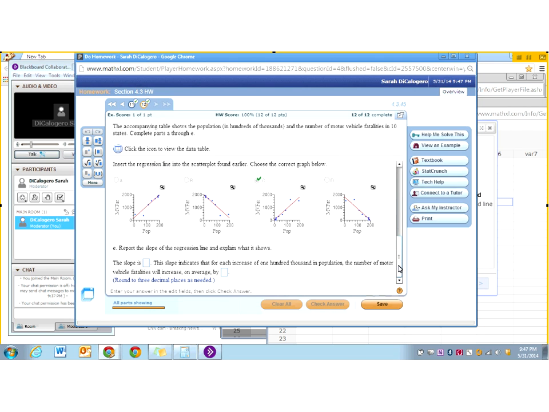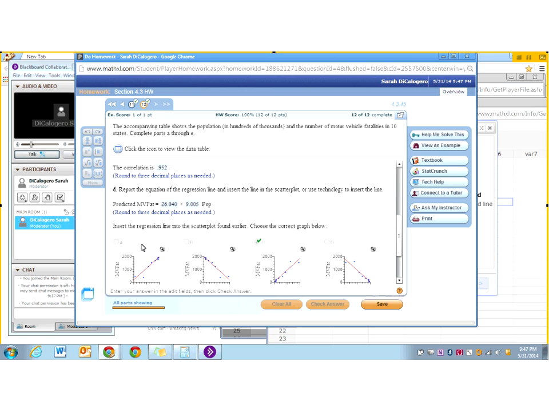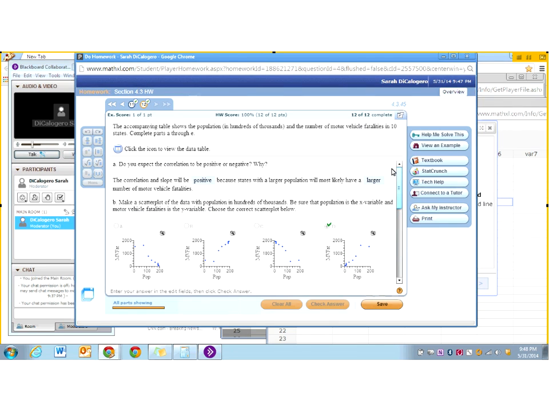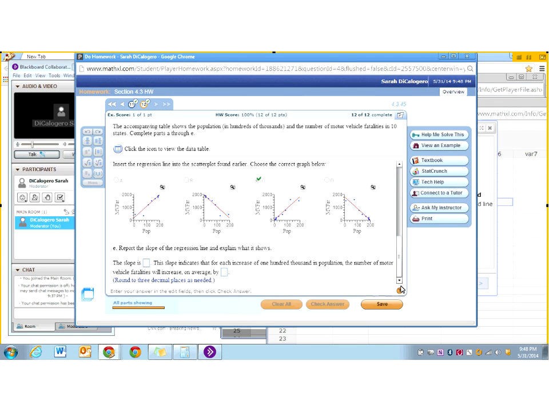All right, so what is the slope? Come back up here. The slope is what is being multiplied by the population. So our slope is 9.005. And remember, our population is in hundreds of thousands, okay? So the slope is 9.005.